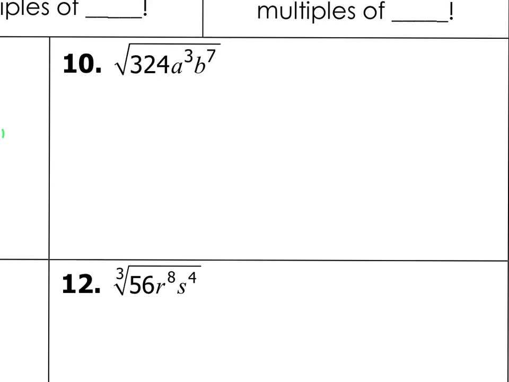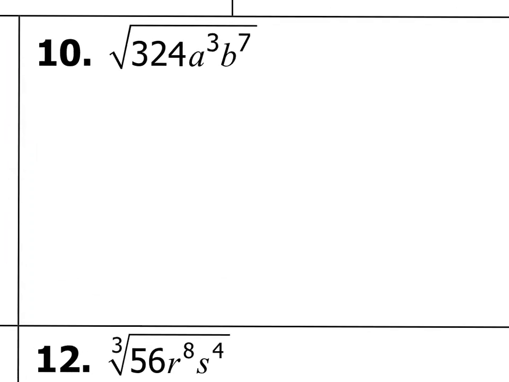So the first thing I'm going to do is the prime factorization of 324. And if I divide by 3, I get 108. I can divide by 3 again and get 36. I can divide by 3 again and get 12. I can divide by 3 again and get 4.